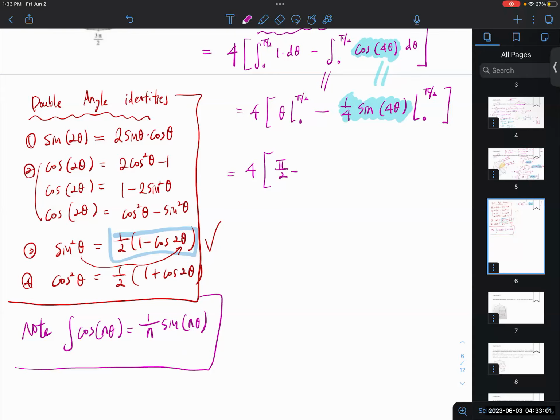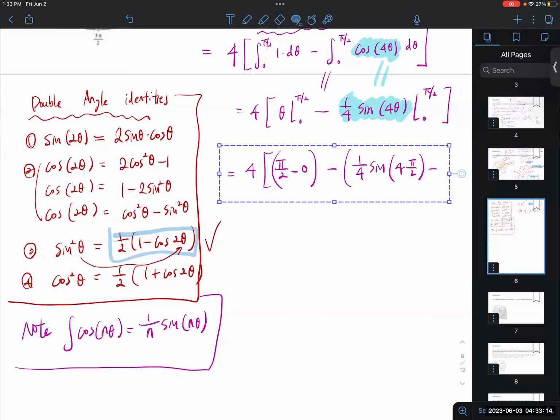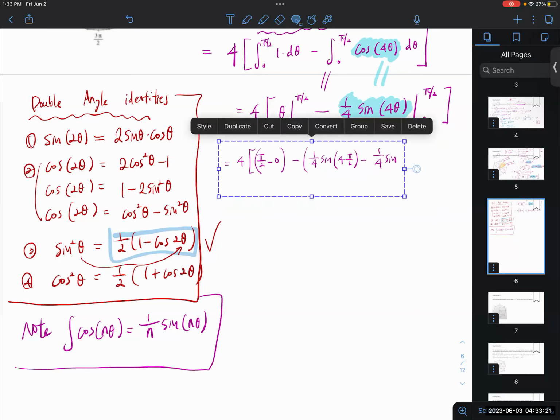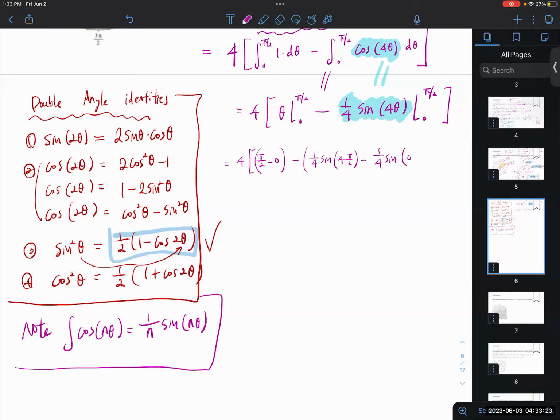Pi over 2 minus 0, right? And then the second one, we have 1 over 4 sine of 4 times pi over 2 minus 1 over 4 sine, and this is going to be 0, because 4 times 0 is 0.